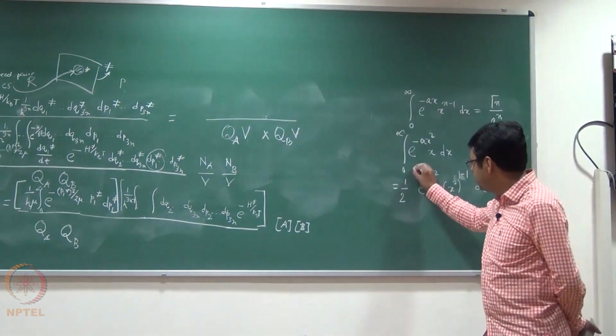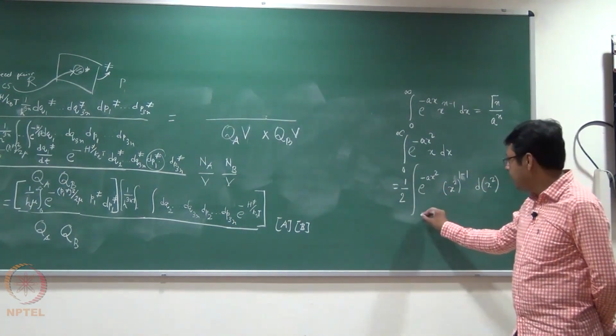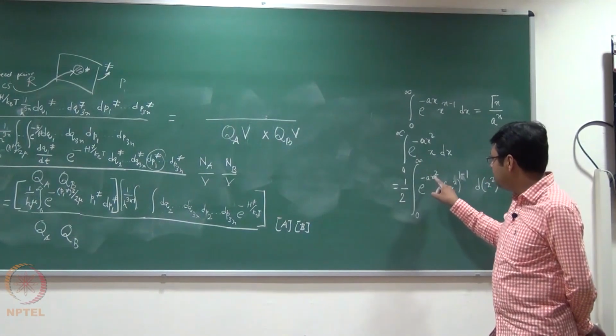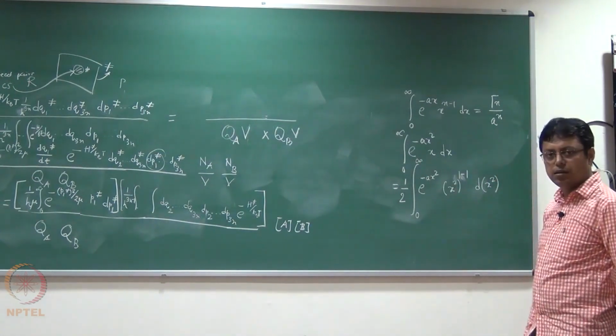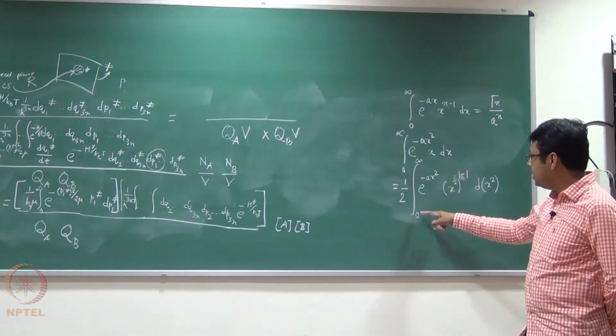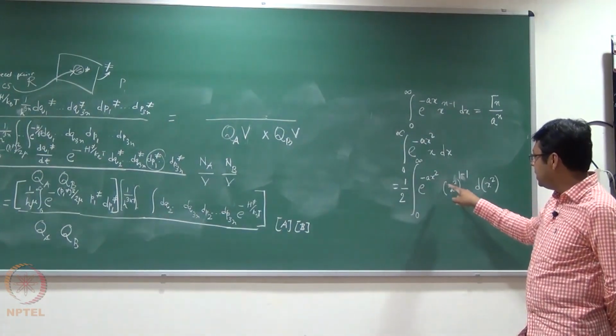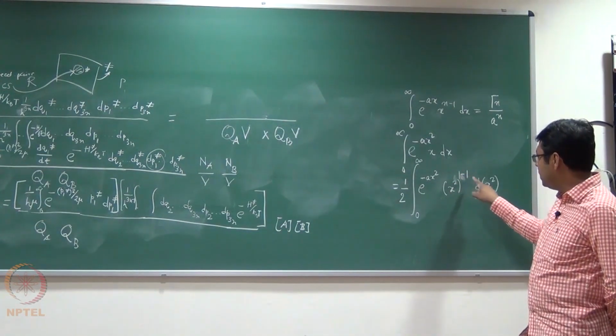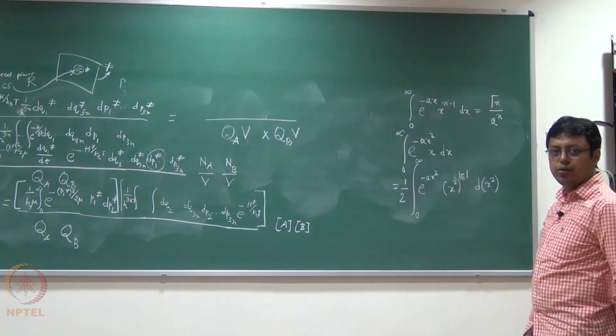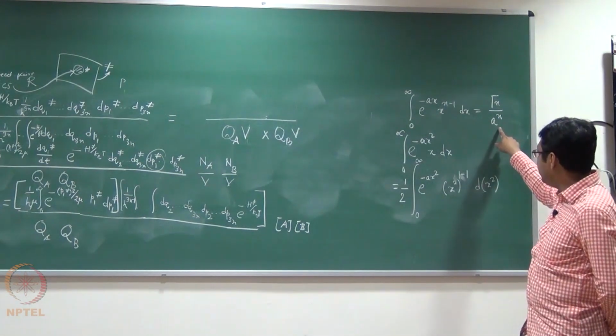Now that is the integration. Now you can again change the variable so that x square is z. If x square is z, the limits will be the same, 0 to infinity. So it is now e to the power minus az, z to the power 1 minus 1 dz.